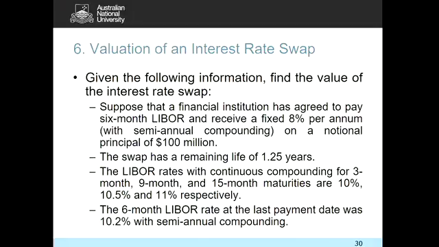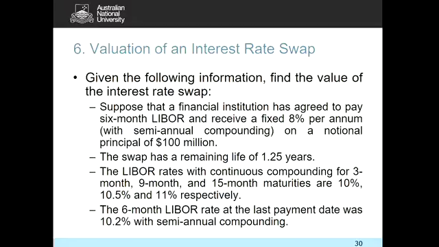When you value that floating rate bond, you're going to look at the next coupon date. You're going to take back that coupon and the face value. So who remembers uneven bonds from Foundations of Finance?